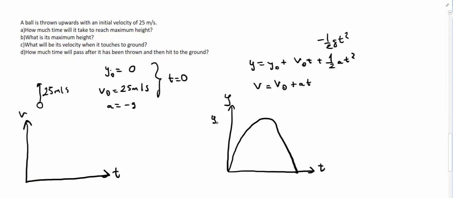So this right here will be our y max, and for this t second, let's make it capital T, okay. And for velocity, it will start with a fast velocity v0, and it will slowly decrease, and after that hit the ground, just like this.